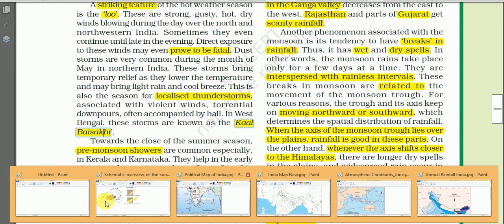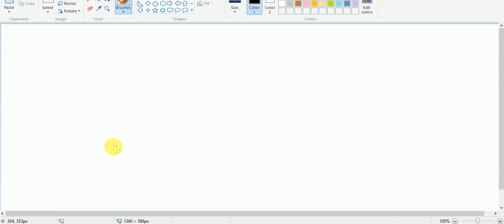So how do these occur? Let us say this is the surface of the earth, and you know that in the month of May the sky is very clear and it is very hot also. Let us say this is the sun.